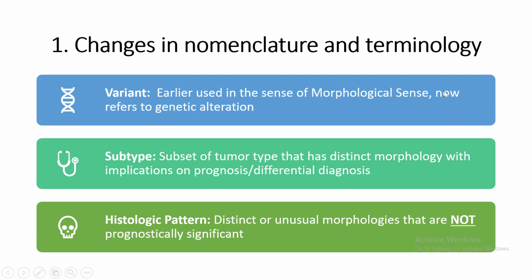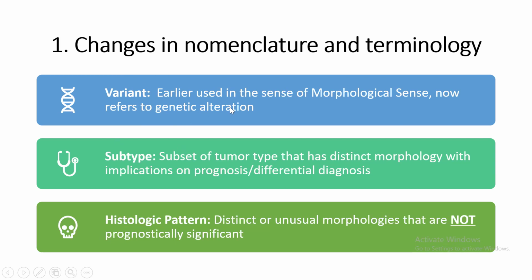So this is what we had actually discussed. These are the nomenclature and terminology changes which have happened in WHO 2022 in general for the entire genitourinary tract: variant, subtype and histological pattern.